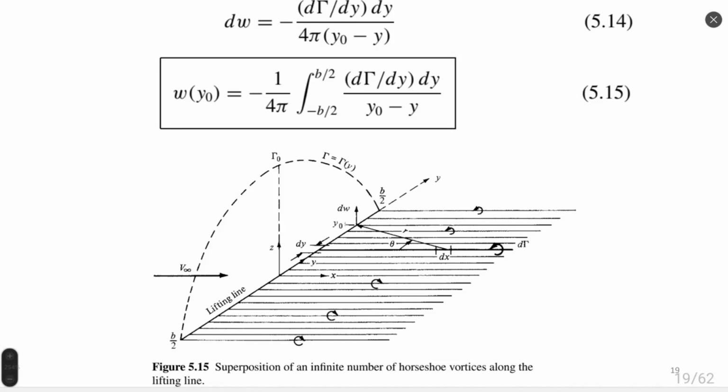Going from one vortex to an infinite number of vortexes, we have to integrate downwash velocity along all these vortexes. So equation 14 for one vortex becomes equation 15 for an infinite number of vortexes.